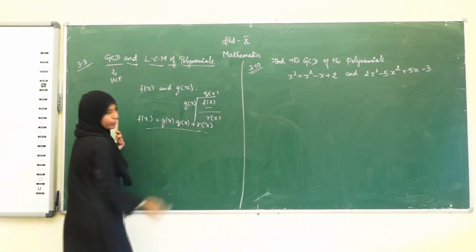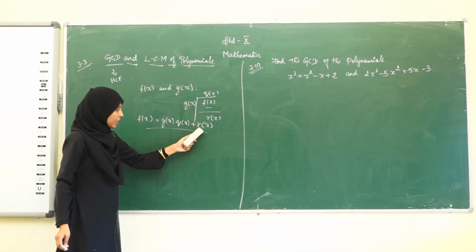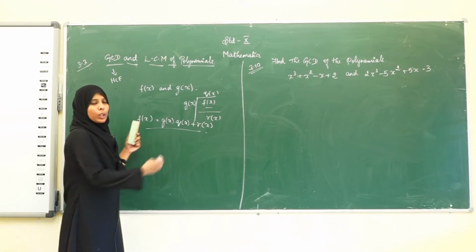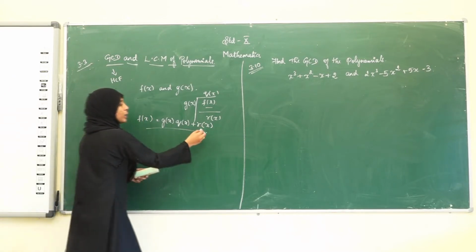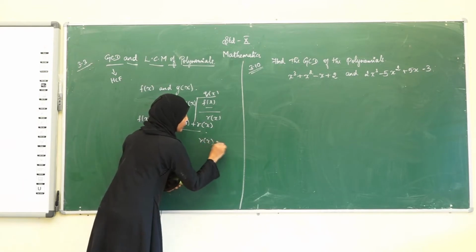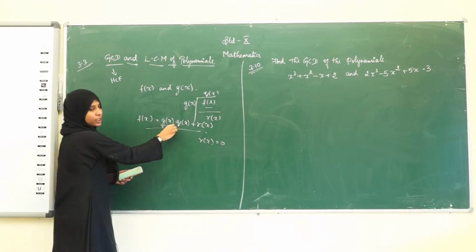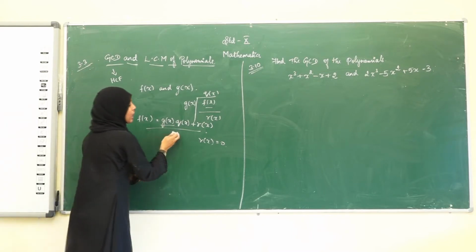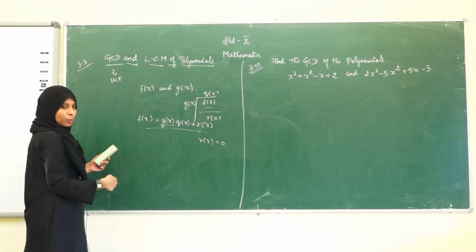Here, if r of x is equal to 0, then g of x is the GCD of these two polynomials. Otherwise, we come to the next step.